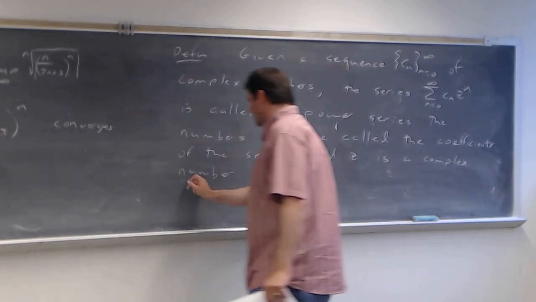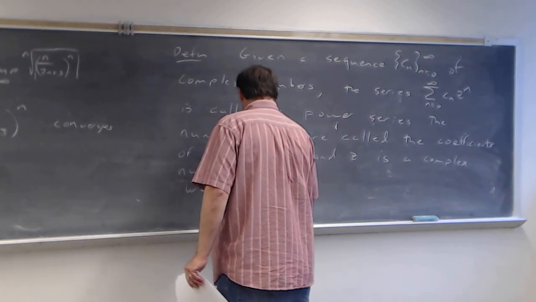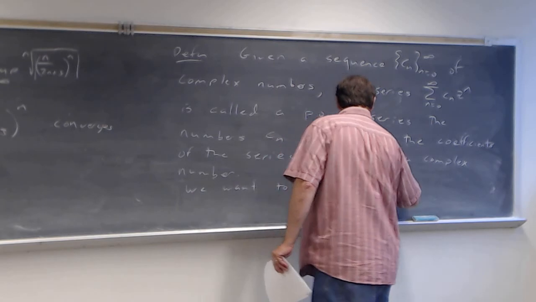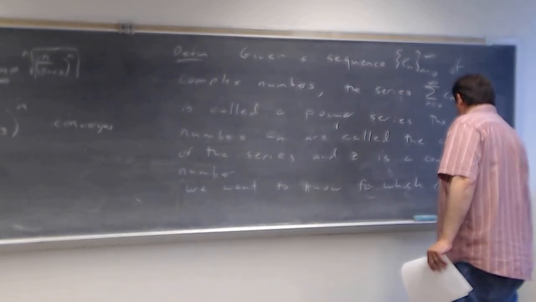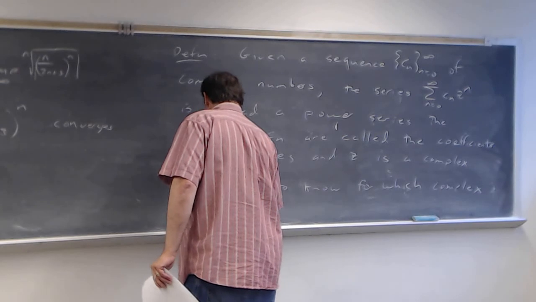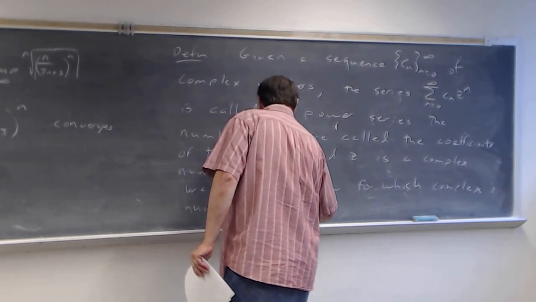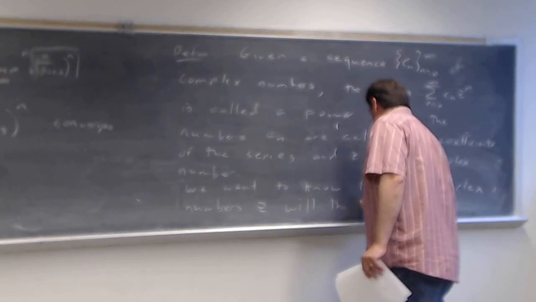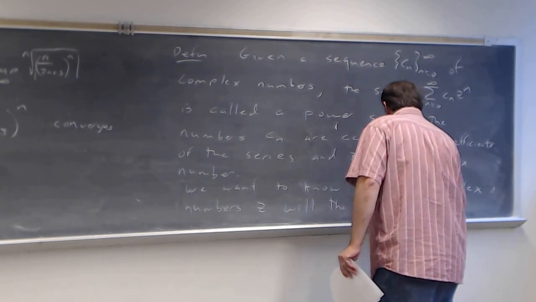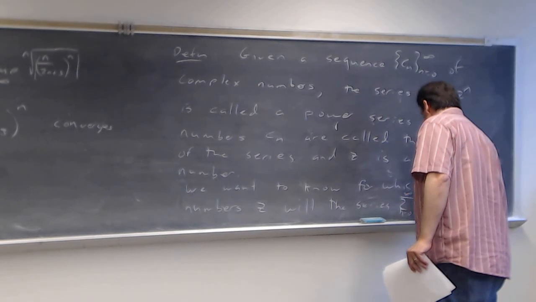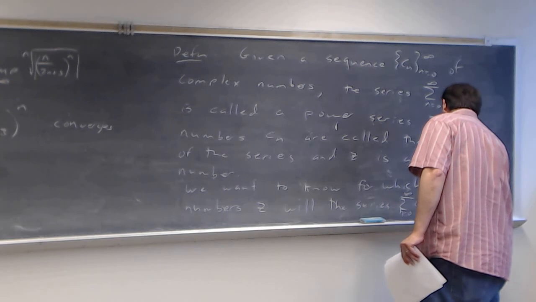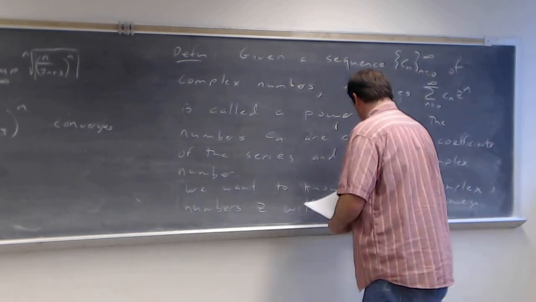What we're interested in is we want to know for which complex numbers z will the power series of c sub n times z raised to n converge and when does it diverge. So that's what we're interested in.